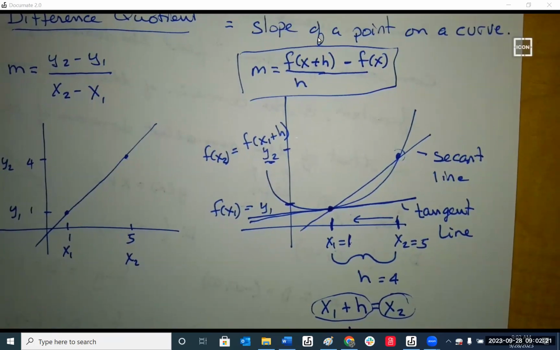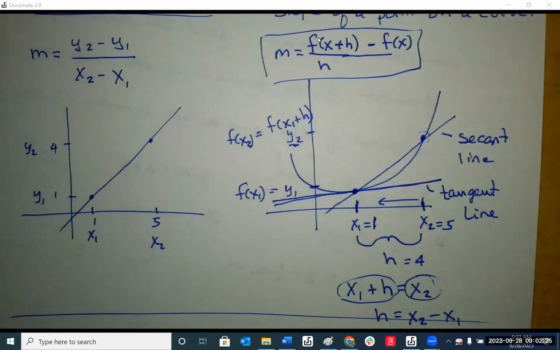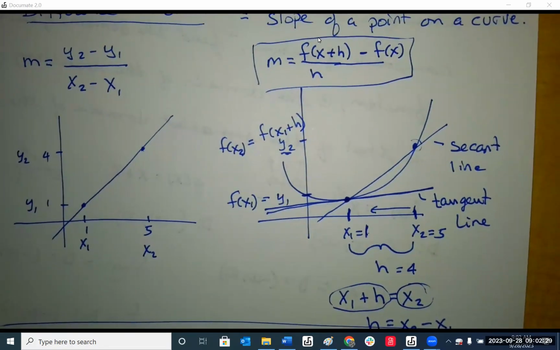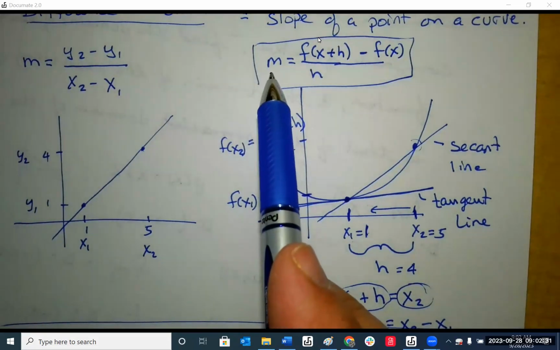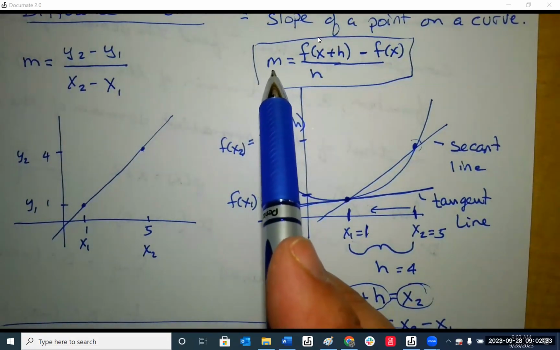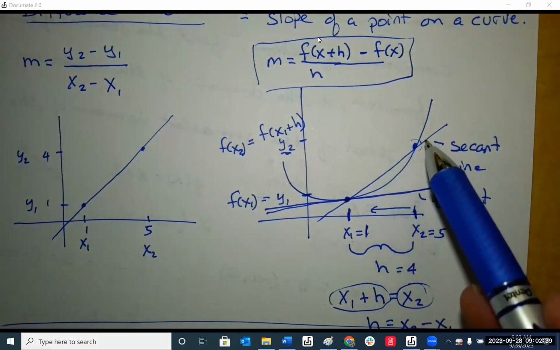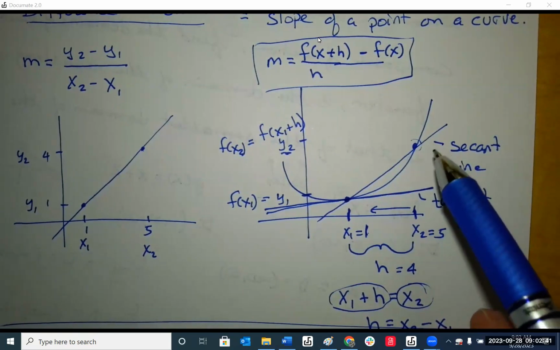Now let's use it in an equation. Remember, it's the difference quotient. What does it find? The slope. Because now I don't need to have two separate points. I can have any shaped curve I want.